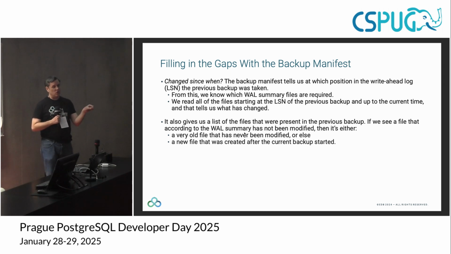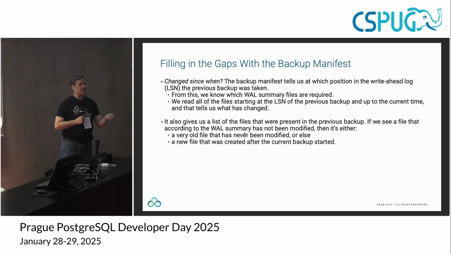But we need to know, out of all of those WAL summary files that we have, which ones are relevant to the incremental backup that we're trying to take right now. So if it's Tuesday and we're taking an incremental backup relative to Monday's backup, we need to look at all of the WAL summary files, beginning with the start of Monday's backup and going up to the start of the current backup.